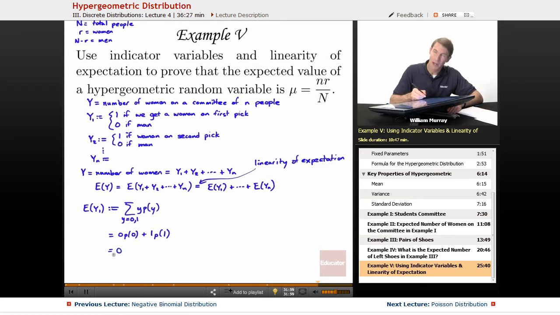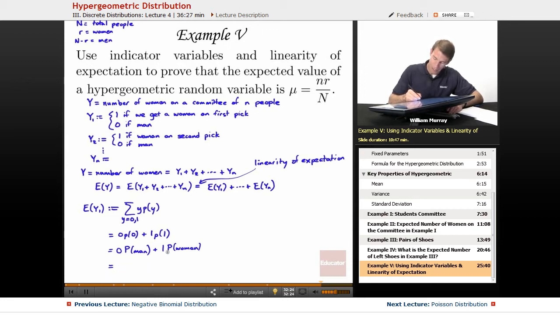And, well, what's the probability that an indicator variable is going to come up 0? It's the probability that we get a man, because the indicator variable was 0 if we get a man, plus 1 times the probability that we get a woman when we make our first pick. And now, well, I don't care about the 0.